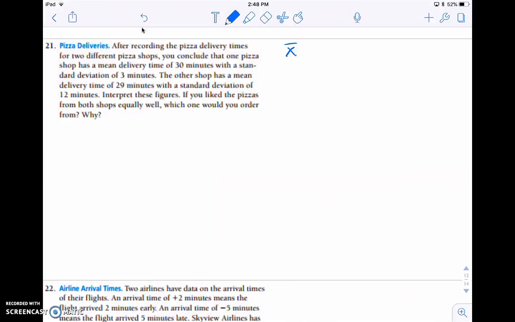So I'm going to say X bar sub 1. So this was the mean for the first business, 30, with a standard deviation of 3 minutes. The other shop, I'll call this X bar 2, has a mean delivery time of 29 minutes, standard deviation of 12 minutes.